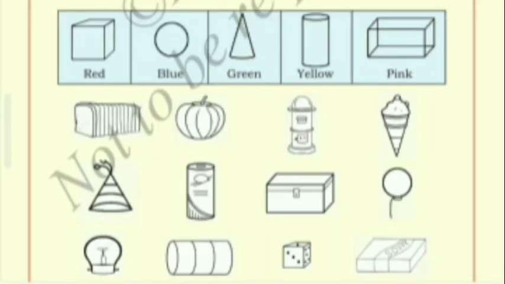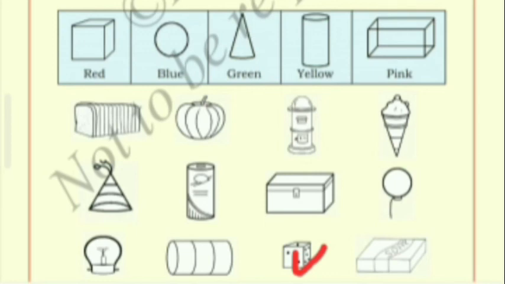Children, now we should color the same shapes with the same colors as directed. We should color the objects which look like a cube in red color. For example, the dice looks like a cube. Color the objects which look like a sphere in blue color.